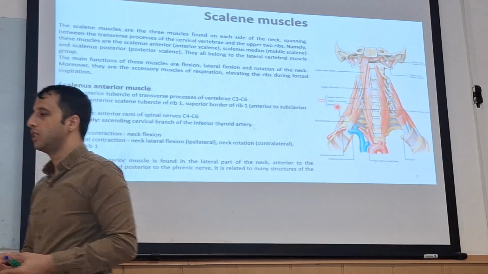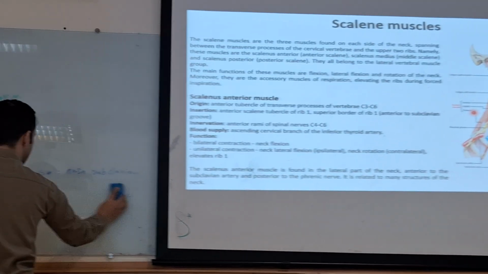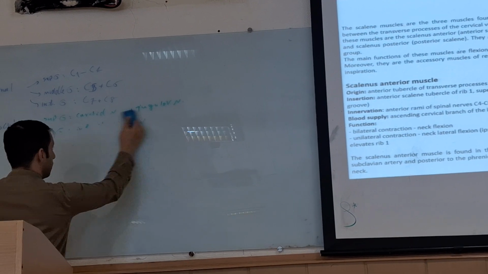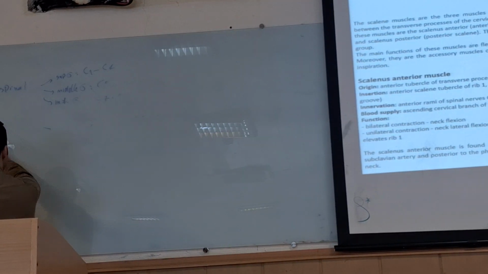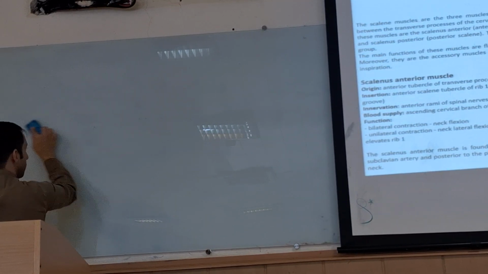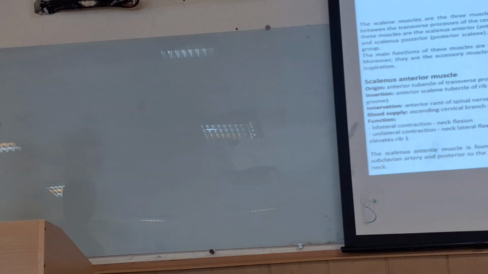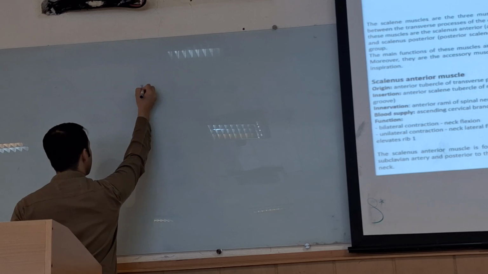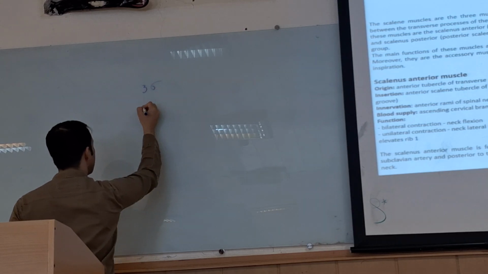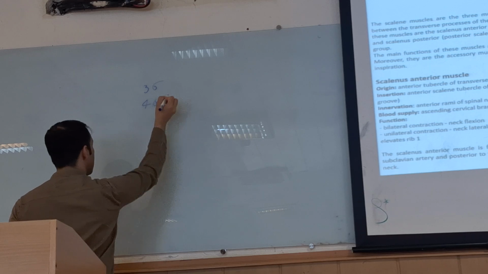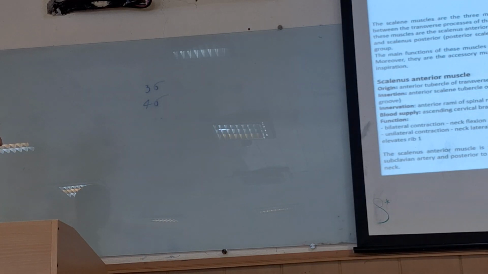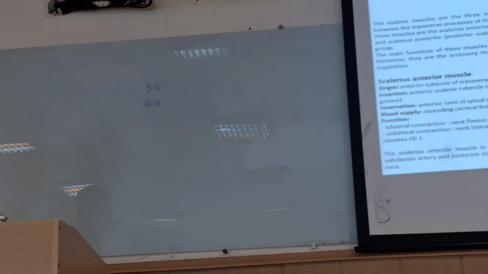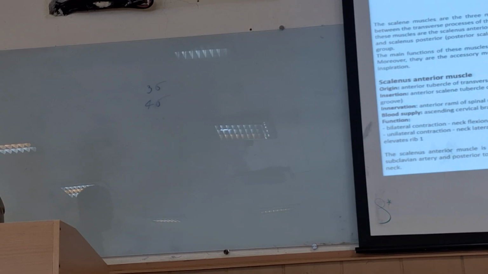For scalenus muscles, for better learning, you should know these two numbers, 36 and 46, for determining the insertion and the innervation of the scalenus muscle.